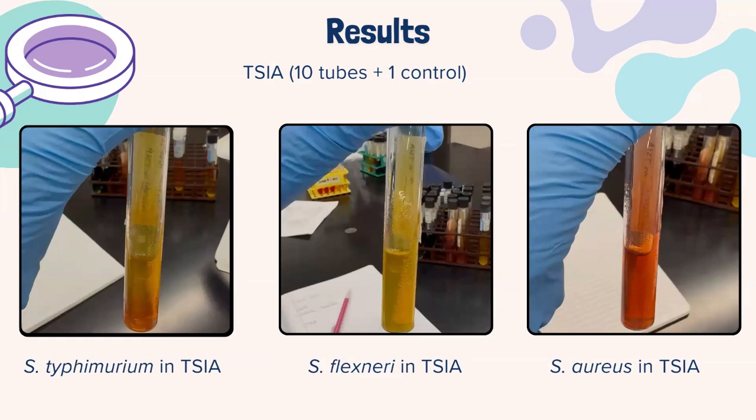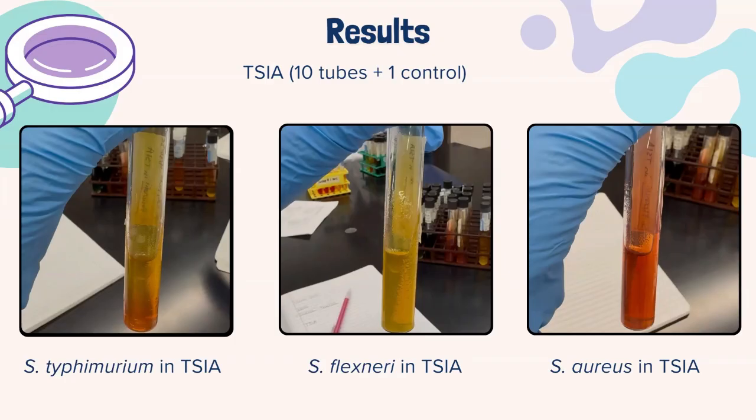S. typhimurium came out as a red yellow, and it's supposed to have gas and hydrogen sulfide, meaning that it is a glucose fermenter only, and it produces hydrogen sulfide. The red indicates that it only does the glucose fermentation.